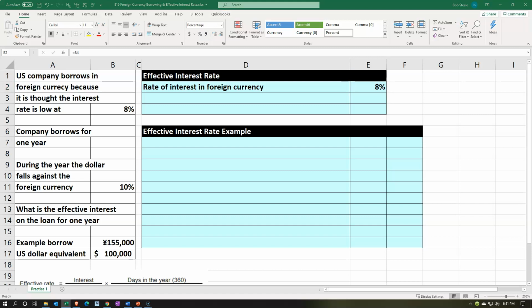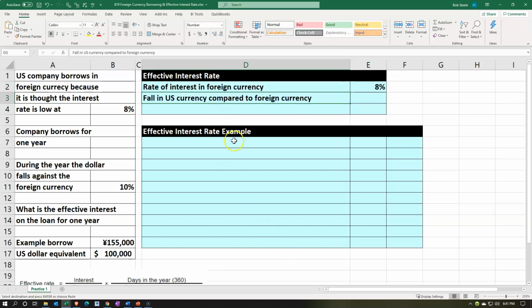And then we're going to have to say, well, also what happened is there was a fall in the US currency compared to the foreign currency, which is going to be bad for us because now it's going to take more dollars to pay off the loan that's in the foreign currency. So we could think of it as an increase to the interest rate of the 10%. Home tab, Number, percent. I'm going to say Home tab, Font group, and underline.